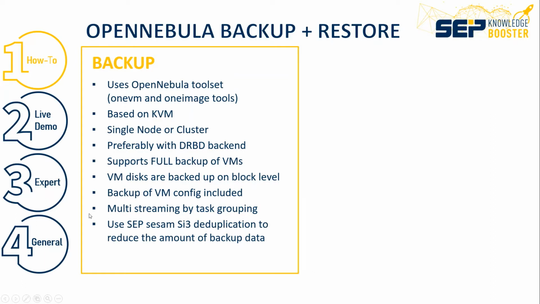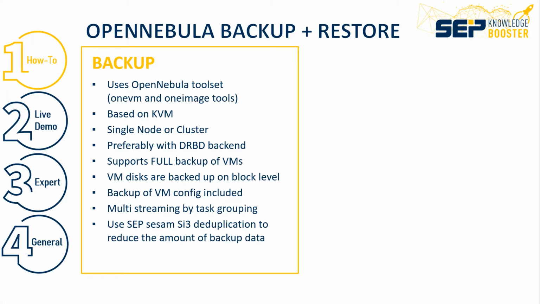And you can use our multi-streaming functionality for doing parallel backups. For instance, you can group backup tasks. You have to configure a backup task per VM, one per VM, and in a task group you can have maybe 50 tasks for 50 virtual machines, and they can all be run at the same point in time with a schedule.